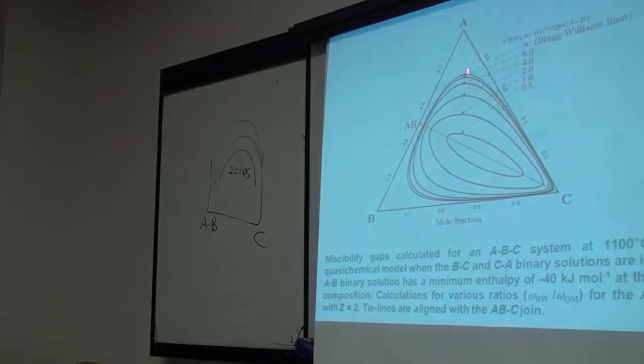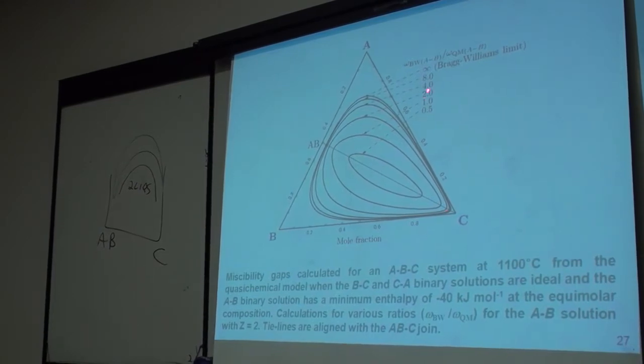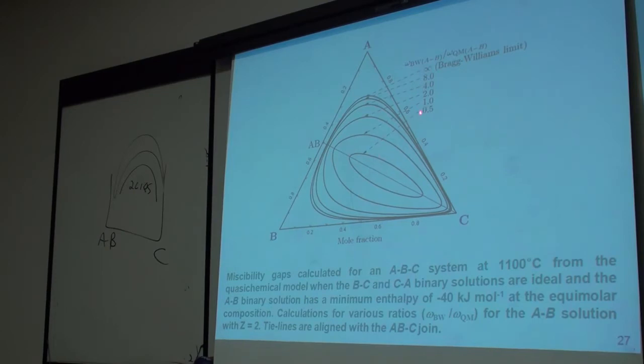This using minus 40 kilojoules per mole for the quasi-chemical parameter here and 0 over here. You find that with, well, this is the Bragg-Williams quasi-chemical. If you take just the quasi-chemical model along this line with omega Bragg-Williams over omega quasi-chemical at 0.5, 1, 2, 4, 8, and here you have the Bragg-Williams limit. You see that, as you expect, the miscibility gap is large when you have just Bragg-Williams, and it gets smaller and smaller when you introduce the quasi-chemical model.